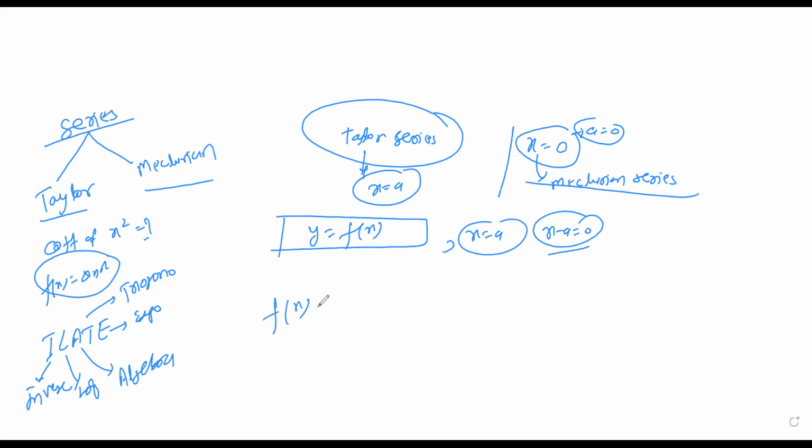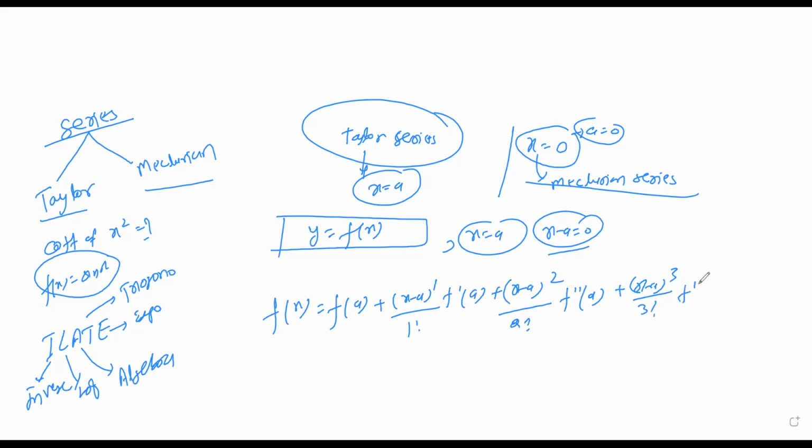So the series is given as f of x is equal to f of a plus (x minus a) to power 1 divided by 1 factorial into f dash of a, plus (x minus a) to power 2 divided by 2 factorial into f double dash of a, plus (x minus a) to power 3 by 3 factorial f triple dash of a, and it will go on so on. So this is a Taylor series, meaning some value must be given.